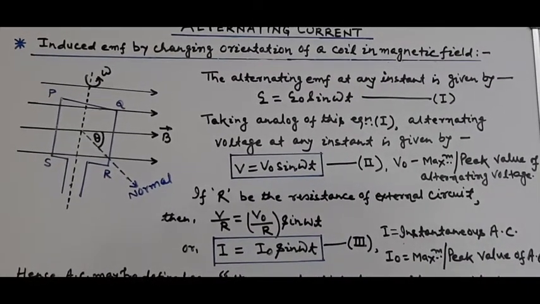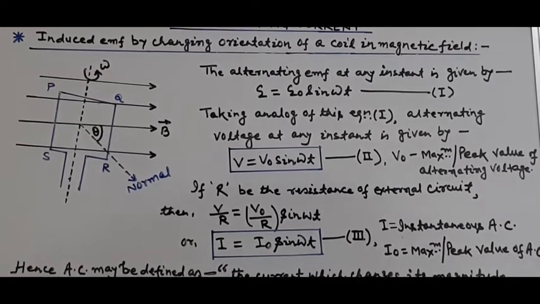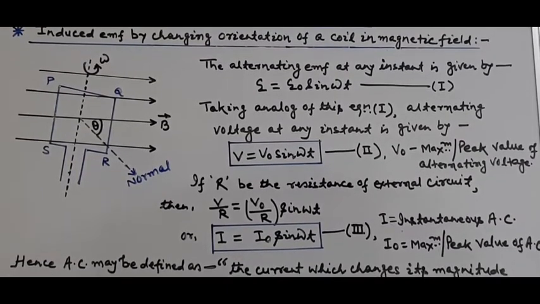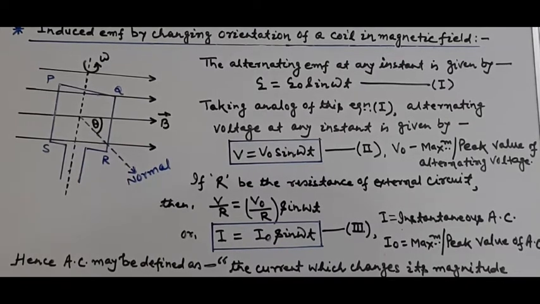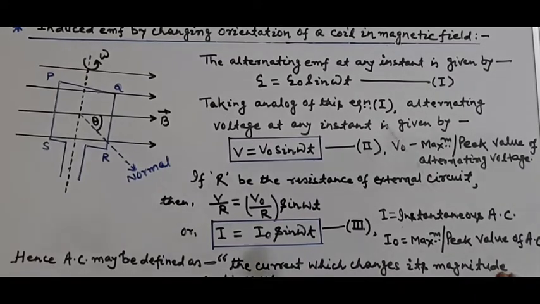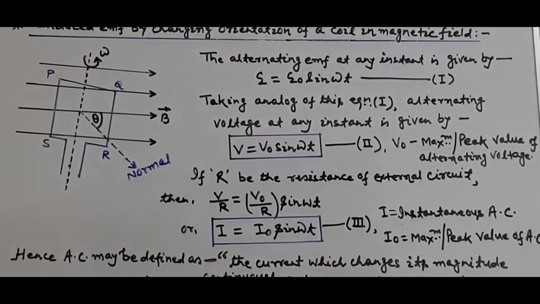So this voltage also changes in magnitude continuously and reverses its direction periodically. So this voltage is known as the alternating voltage.